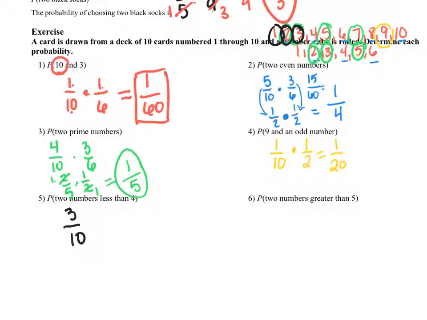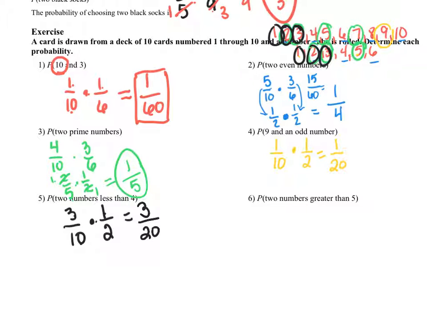And then less than 4 on the second one would be the same. 3, 2, 1. 3 out of 6 reduces to what? 1/2. So 3/10 times 1/2. Can I simplify those anymore? No. 3 times 1 is 3, 10 times 2 is 20. So 3/20 is about a 15% chance.